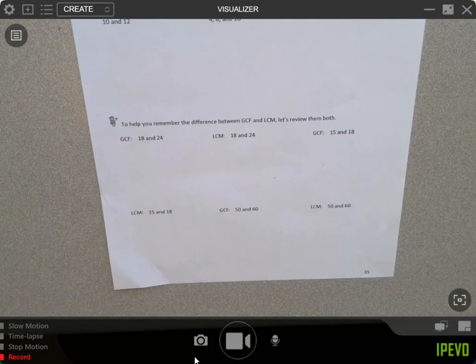You can look back at the previous objective if you need to review that greatest common factor. They are different. Every year I have kids confuse the two. Every year. Make sure you're paying attention. Greatest common factors are going to be numbers smaller. Least common multiple will be numbers bigger.